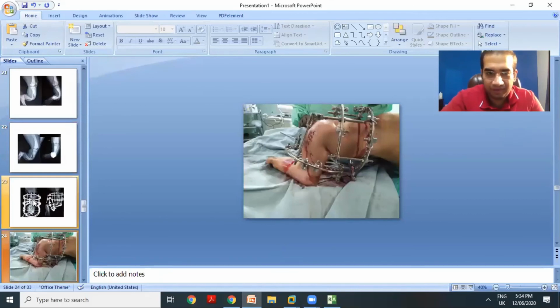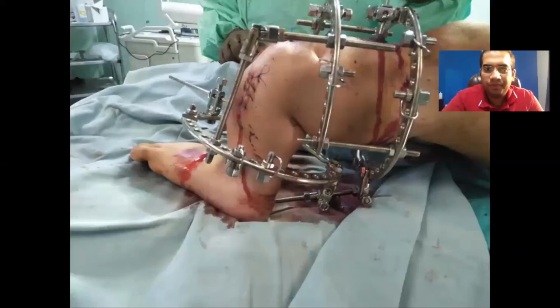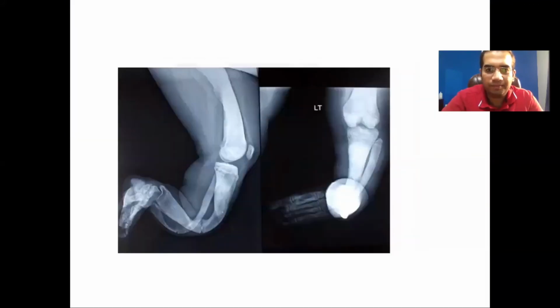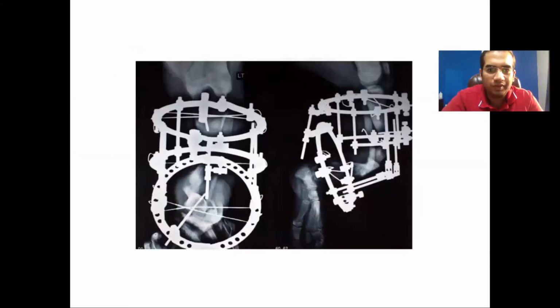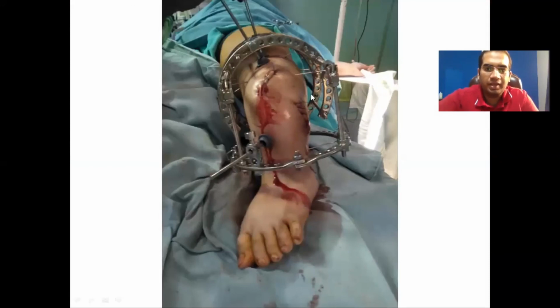Otherwise, I would have taken pictures of this planning. As you can see here, this is my reference ring.